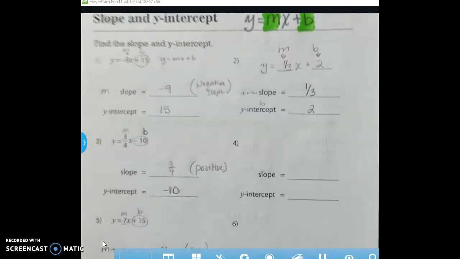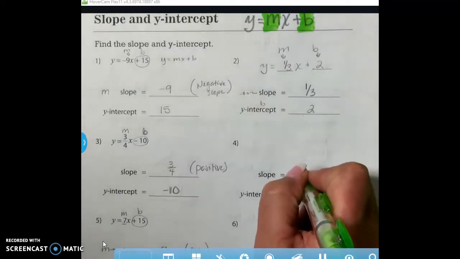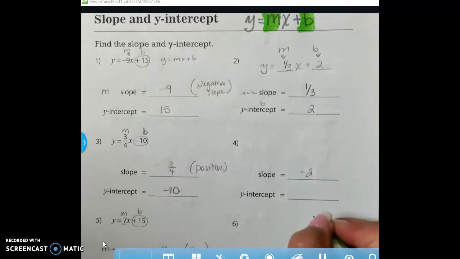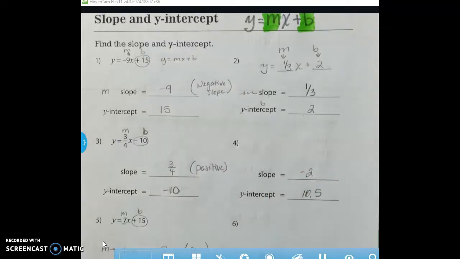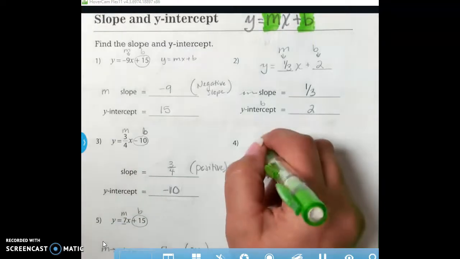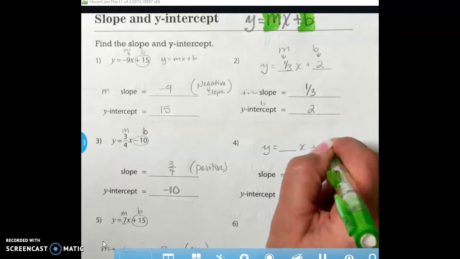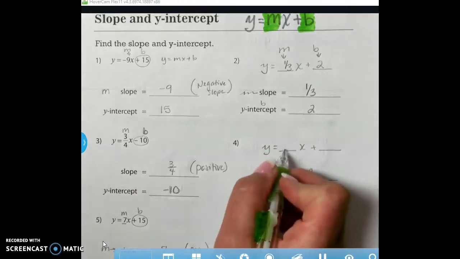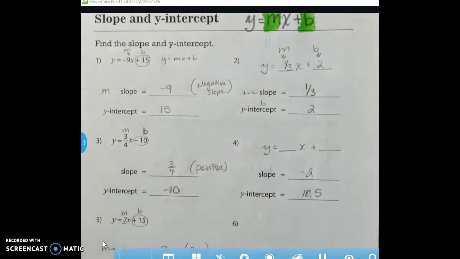And here's my equation. All right, let's do this again. And so I'm going to put this as -2, and this would be 10.5. Again, what do I fill out? Well, I only will have two blanks in the form of m and b, my slope and my y-intercept.